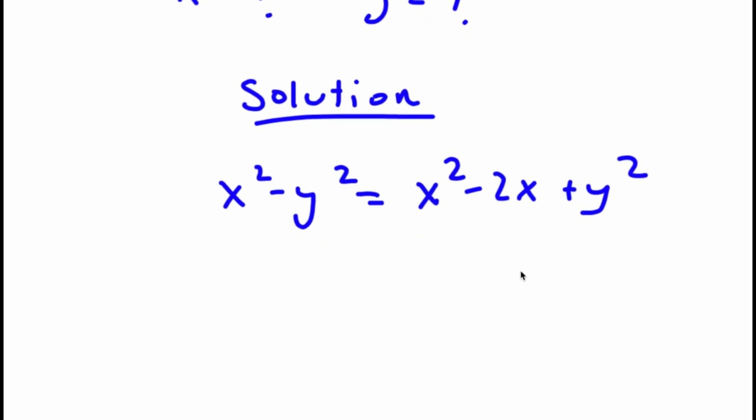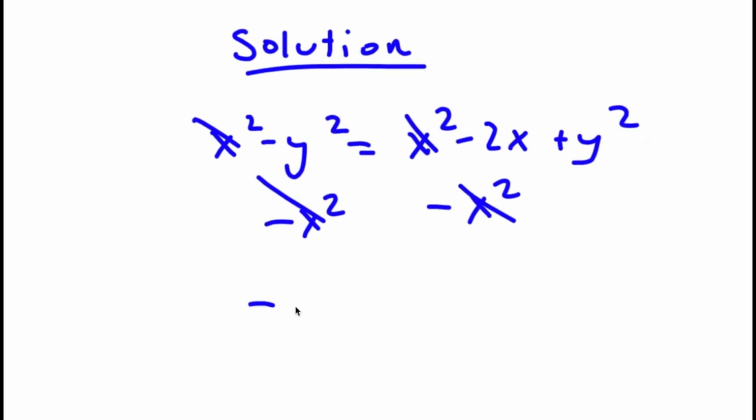So now, I'm going to subtract x squared on both sides. And this is just to cancel out the x squared to make this problem easier to solve. So then these two cancel out and these two cancel out, and I'm left with negative y squared is equal to negative 2x plus y squared.